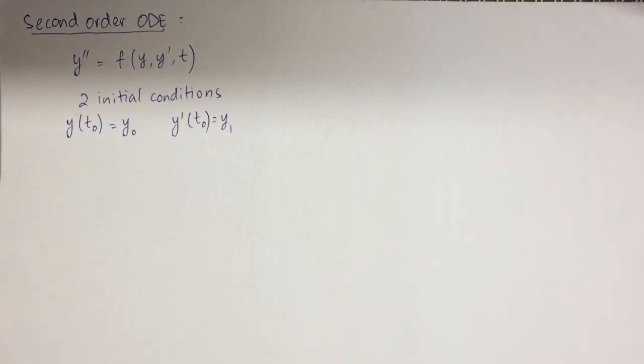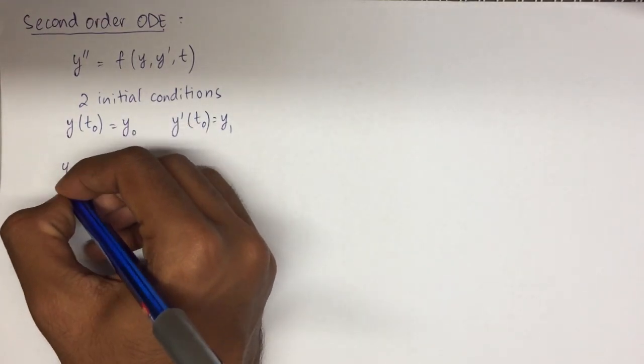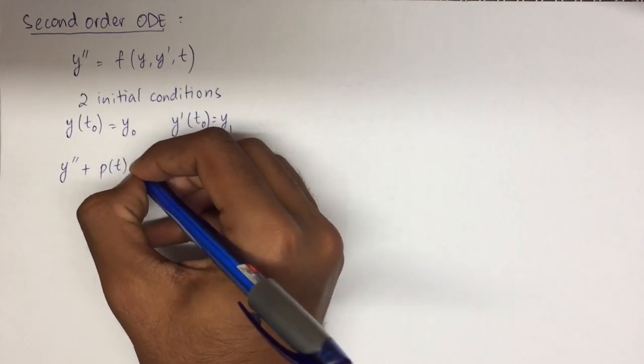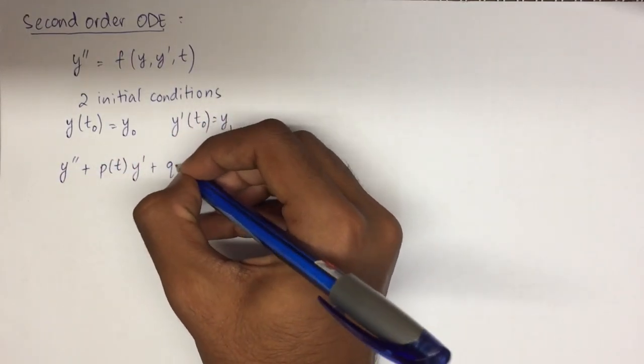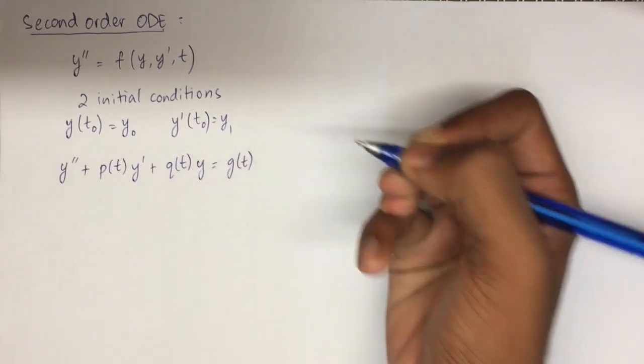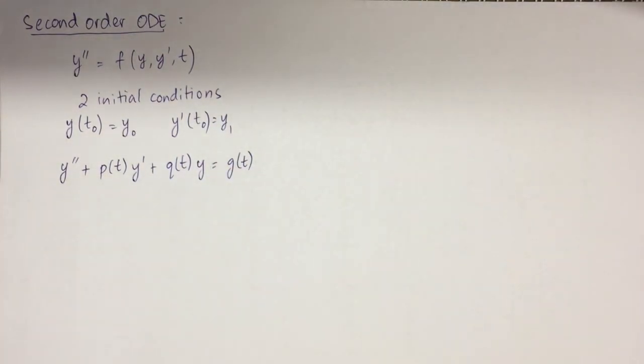With this, a second order linear differential equation would look something like y double prime plus p of t times y prime plus q of t times y is equal to a function g of t. Again, this is very similar. We're just adding one extra term to a first order linear differential equation.